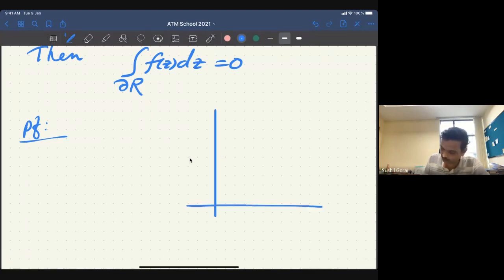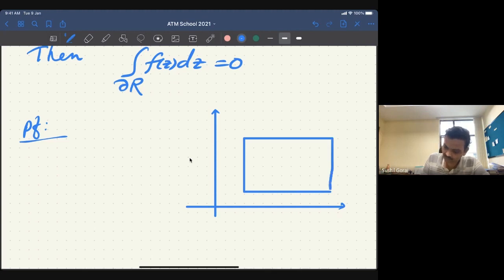The rectangular region I will consider as before. Suppose zeta is this point, and you have to divide.